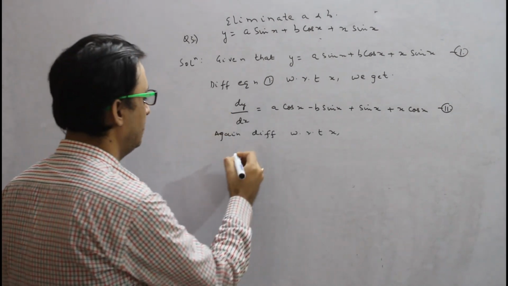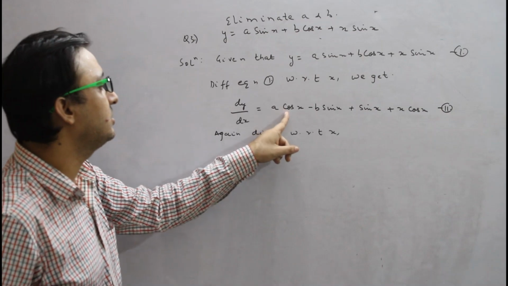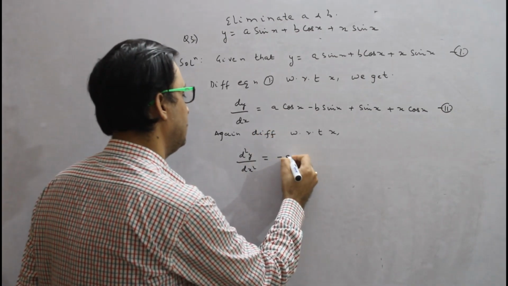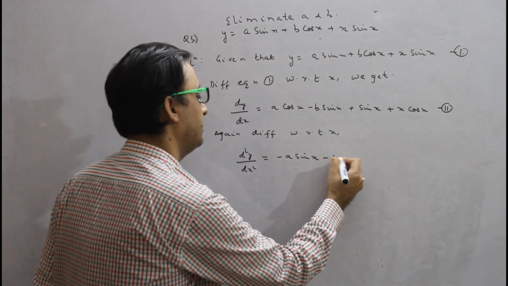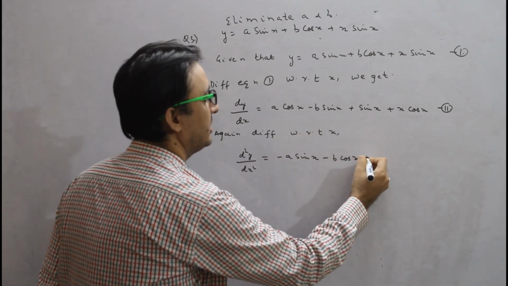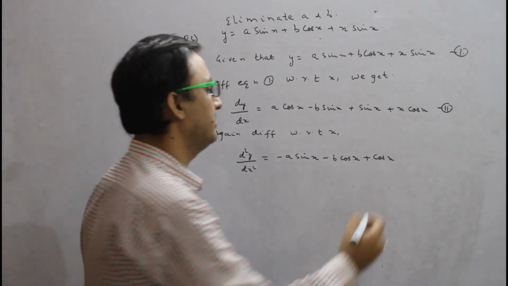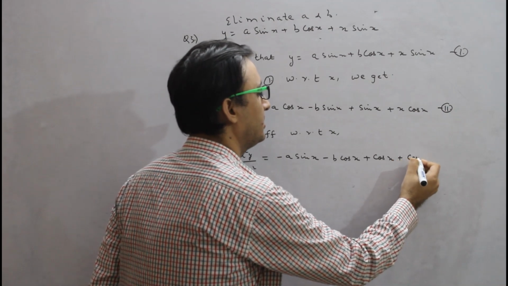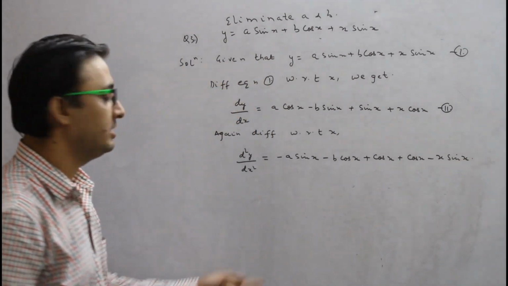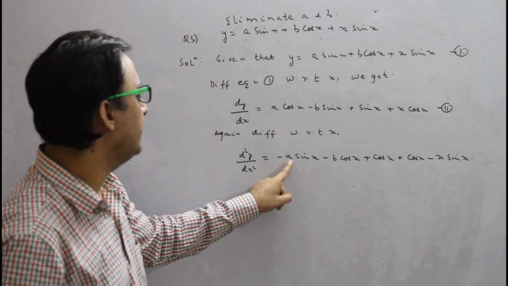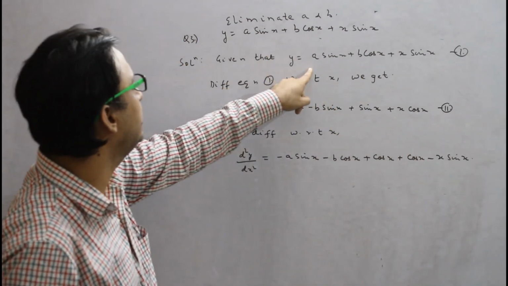So we get d square y by dx square is equal to, differentiation of sin is cos and differentiation of cos is minus sin, so minus a sin x minus b cos x, and the differentiation of x sin x gives sin x times x, plus cos x, and x cos x gives cos x minus x sin x. So we are seeing here that we have minus a sin x minus b cos x, and here, this is the value of y. We can see it from here.